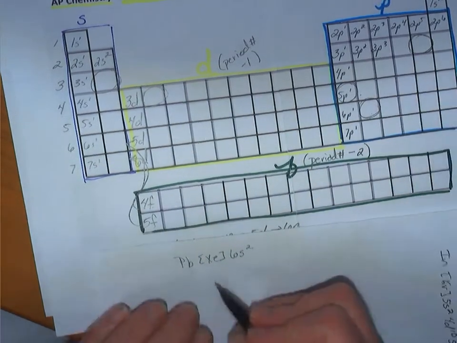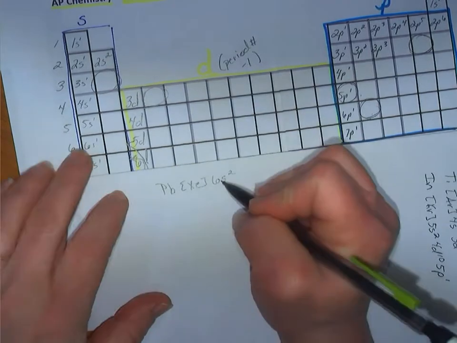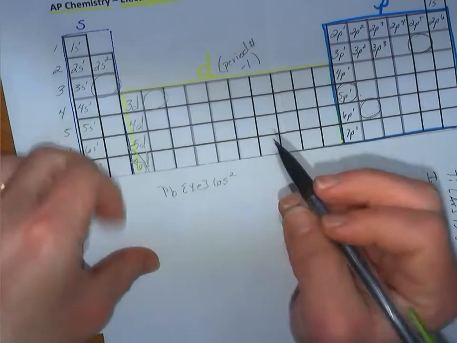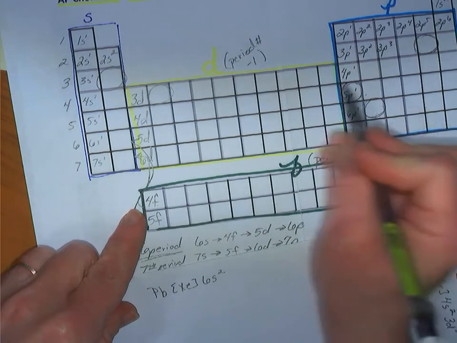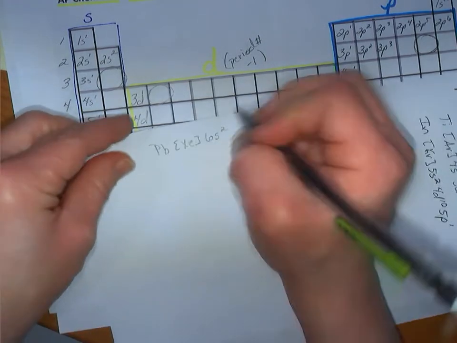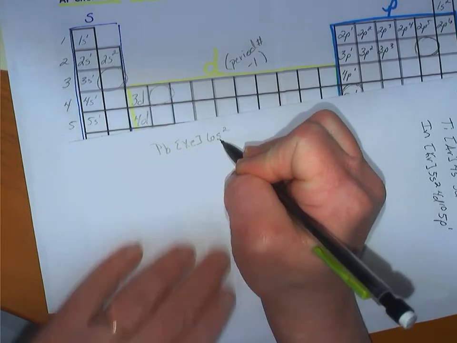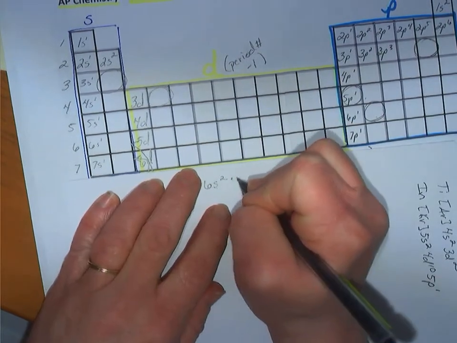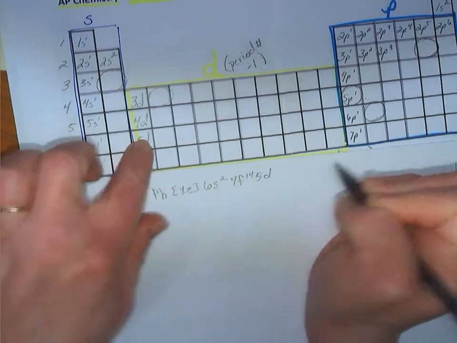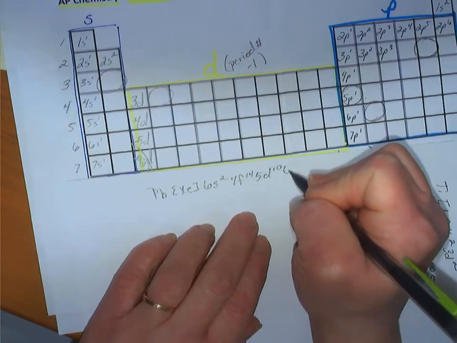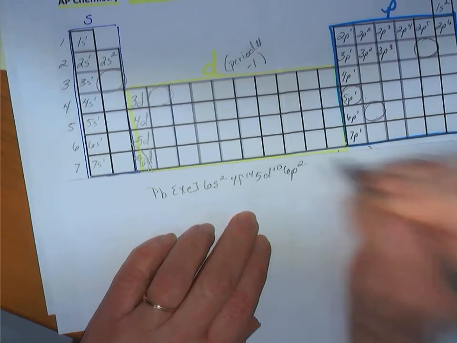So back to lead. All right, we have the 6s, but we can't forget we have the 4f, and we need all of them. Then we come back up to the 5d. So 6s, then our 4f14, then 5d10, and we're going to need all of them, and then 6p, and lead is second position over.